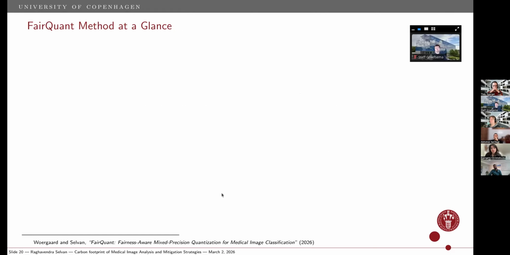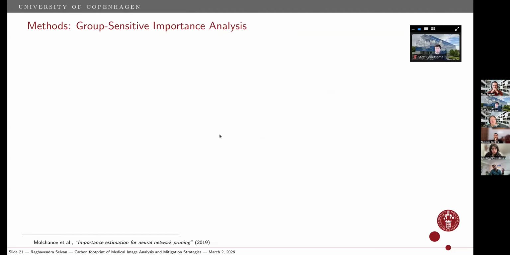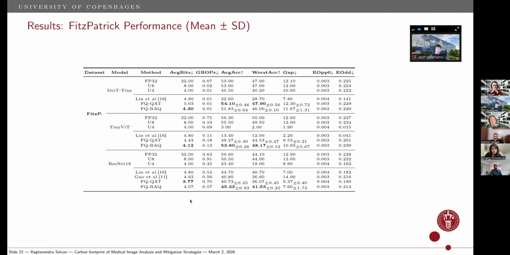I will not get into the details of this, but the idea is that you take a network and have a calibration phase where we compute how important a particular weight, or group of weights, is in minimizing the bias of these models. And we allocate more precision, more bits, to those weights, and fewer bits to the weights of the network which do not affect the bias as much. I will skip this one due to the interest of time.